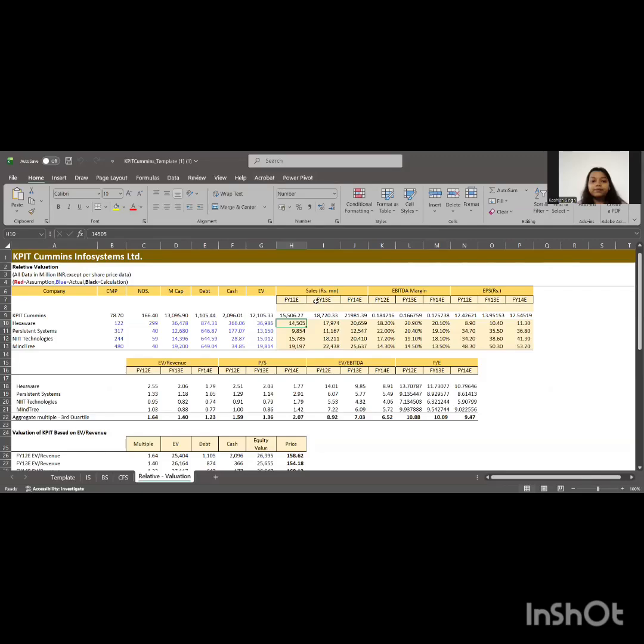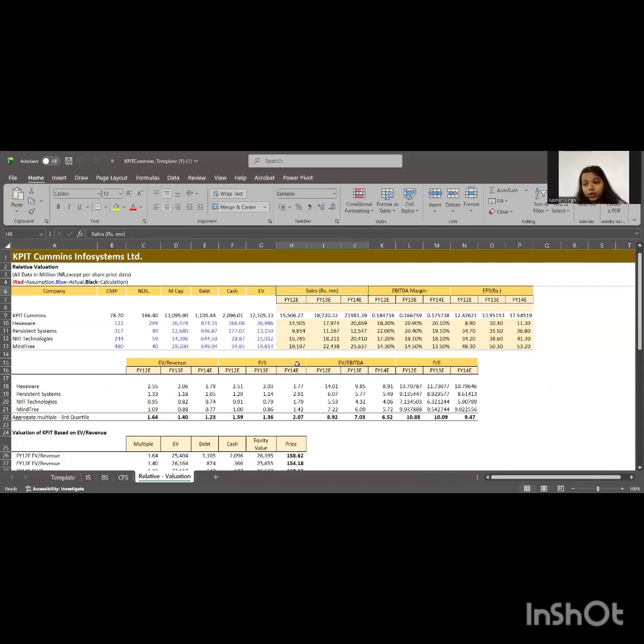Next is sales. The next column is sales or total revenue. This number is pulled directly from the income statement, often the latest annual or trailing 12-month sales figure.